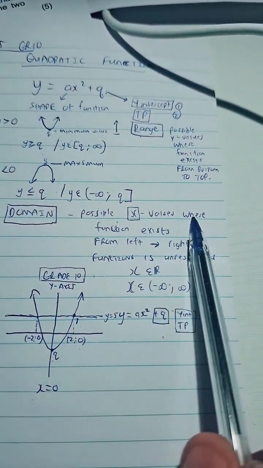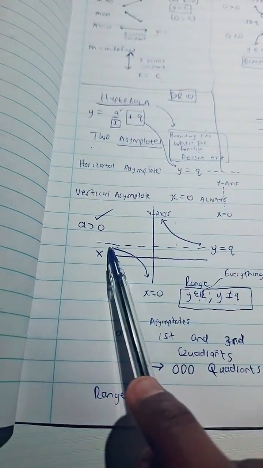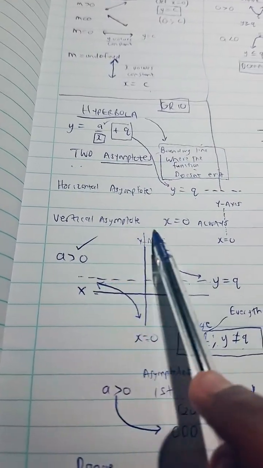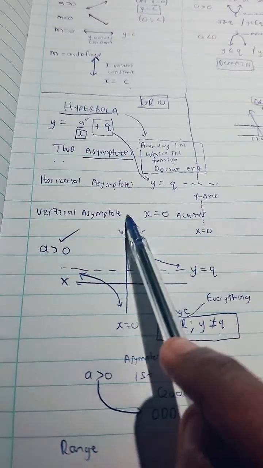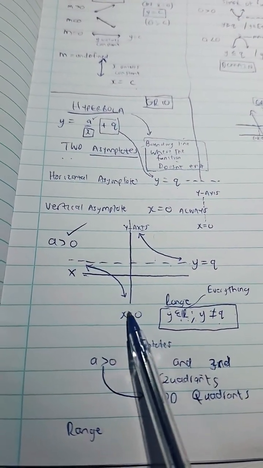Okay, what about the domain? Remember guys, when we talk about domain, we are talking about the possible x values where the function exists from left to right. If we look at this function from left to right, you will remember we said that the vertical asymptote is x is equal to 0, which means the function cannot exist on the y-axis, which is x is equal to 0.